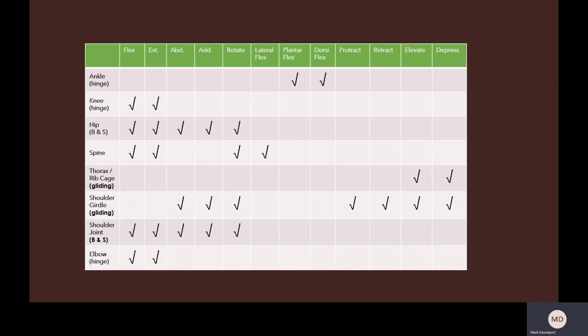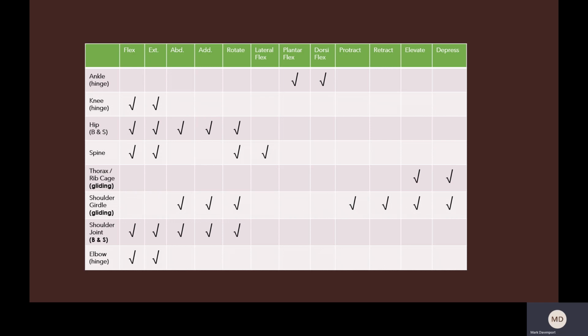And here are your movements. If you look at the top, the columns here, we've got flexion, extension, abduction, and adduction. A good way to remember them is abduct, you're taking away from the body. Adduct, you're adding back to the body. We've got rotation, lateral flexion, plantar flexion, dorsiflexion, and we've got protraction and retraction, and elevate and depress.